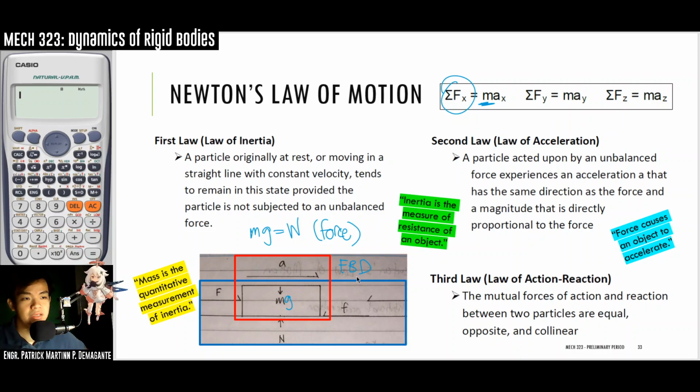Kasi syempre, mas mahalaga na sa atin yung force, kung saan nag-act si force. So, kailangan natin ma-distinguish ano ba yung direction niya and ano ba yung magnitude. Kasi vector quantity siya. So, meron tayong magnitude and direction. So, yun yung mahalagang malaman natin.